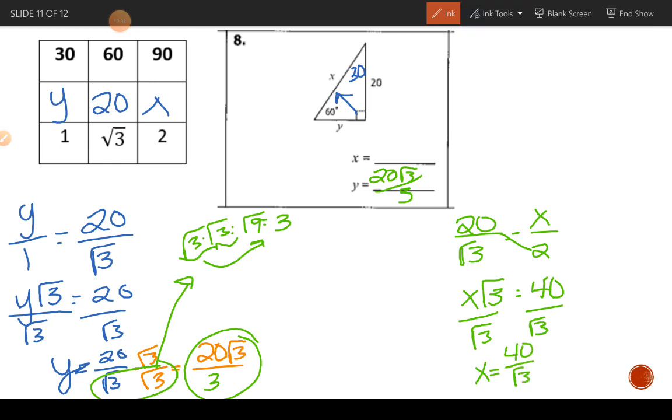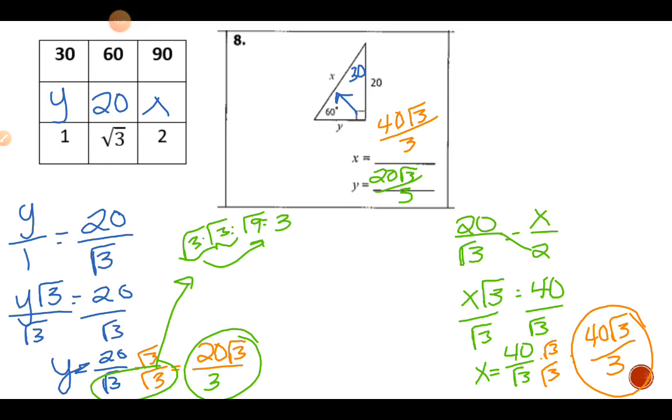Not okay. Rationalize. So I get 40 radical 3 over 3 for x. And if the fraction's simplified, you would want to simplify it, but in this case they do not simplify. And that's how you do it.